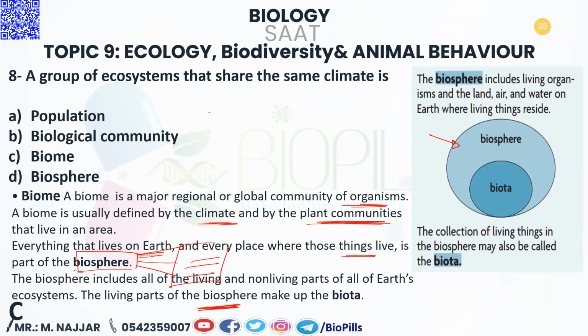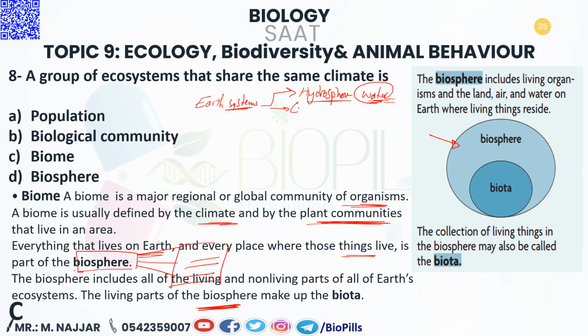As you know, we mentioned before that the earth systems are 4. Number 1, we have the hydrosphere, and the hydrosphere has anything related to water and where the water is. We have a lake, pond, river, ocean, sea, or whatever.